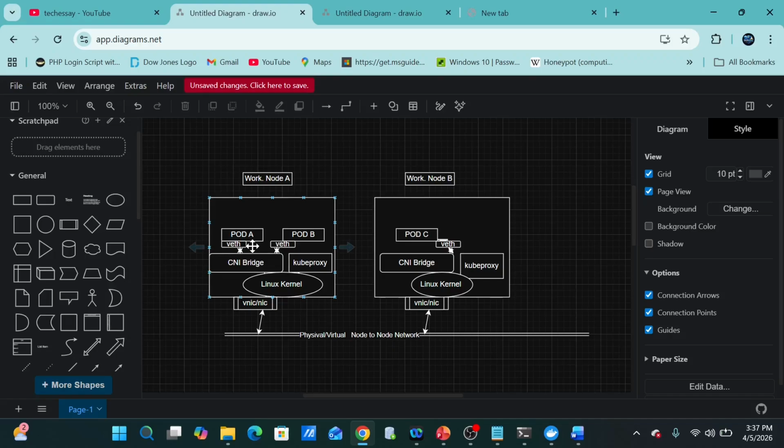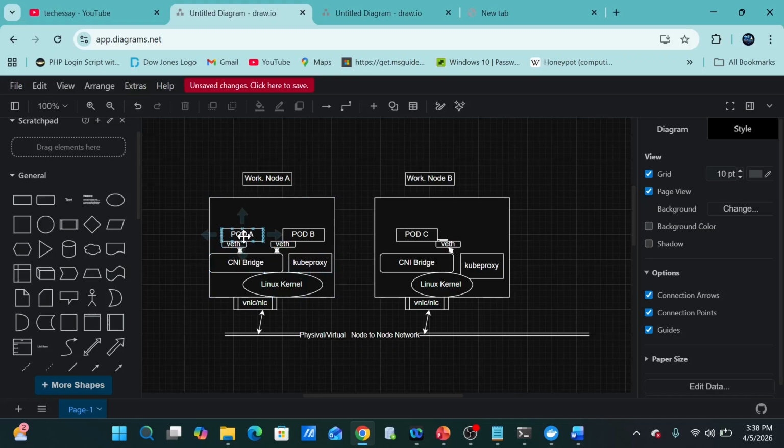Now let's take a scenario where pod A's traffic wants to reach pod C. How will traffic move? First its traffic goes to this veth interface, then it goes to the CNI bridge. In some cases the Linux kernel directly uses the Linux kernel routes to send the traffic to pod C, okay. But most CNI providers use the CNI bridge to communicate.